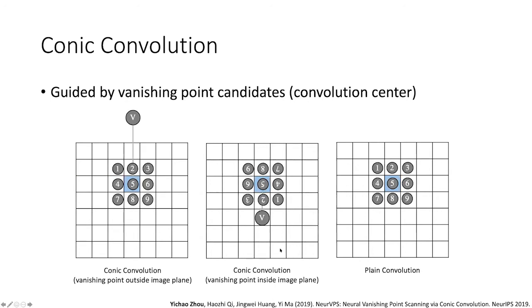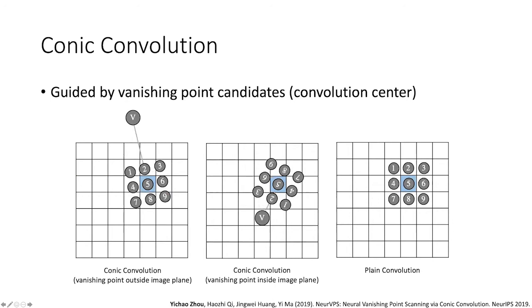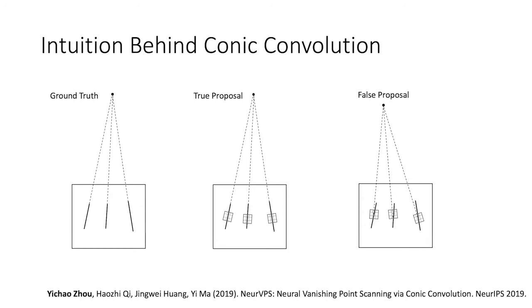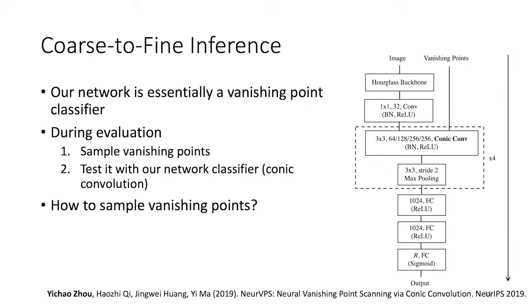Based on the possible location of the vanishing point, you should adjust the filter, even these edge filters. So this is what we did: by encoding this bit of information, the network is aware of what kind of objects they are and how they're correlated spatially. Then you replace the classical convolution with what we call the conic convolution, parameterized by the vanishing points.